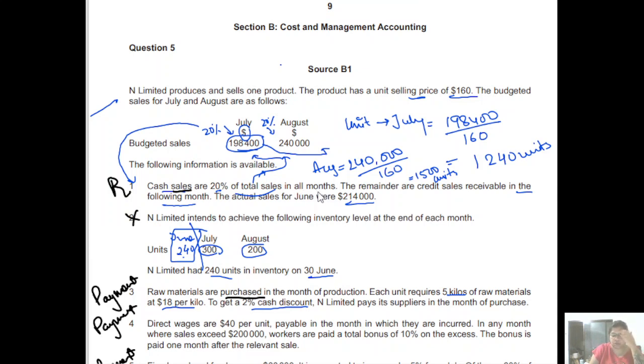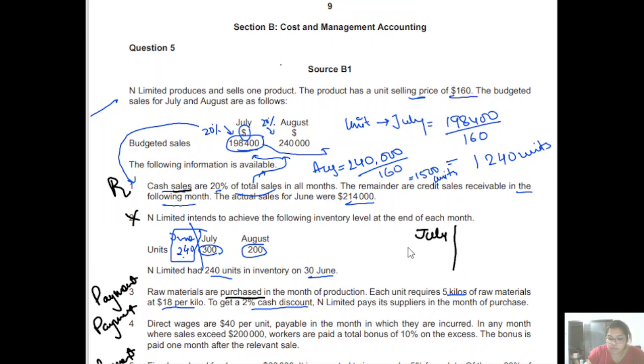It means they told you to take 20% of the total sales, and that's your cash sales. And whatever is left means 80%, 80% is the credit sales receivable in the following month. It's very simple.